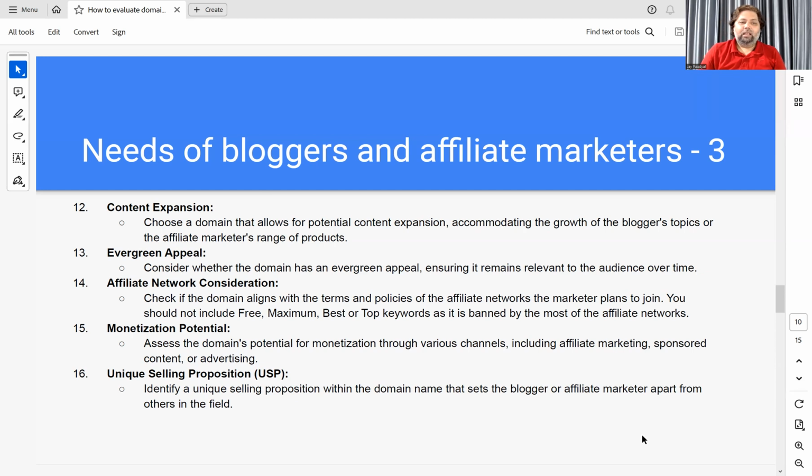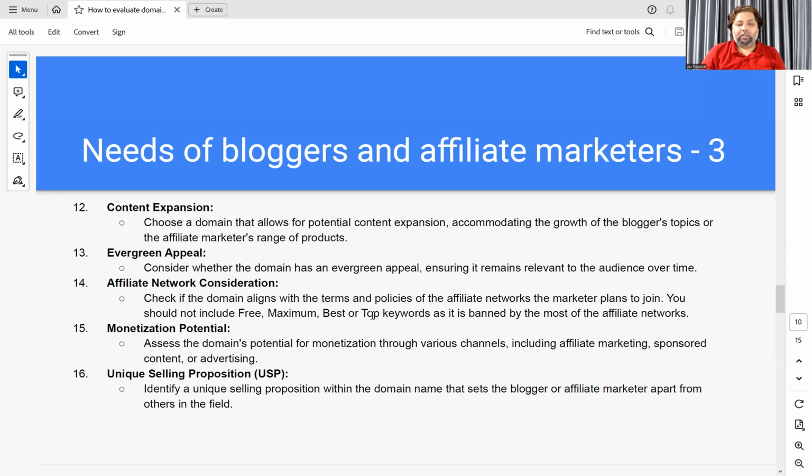Okay. Evergreen appeal, yes. Affiliate network consideration: you should not use keywords like free, maximum, as I have mentioned here, free, maximum, best, or top keywords. Okay, because in this case it is impossible to get an affiliate account with an affiliate network, because these keywords are misleading.